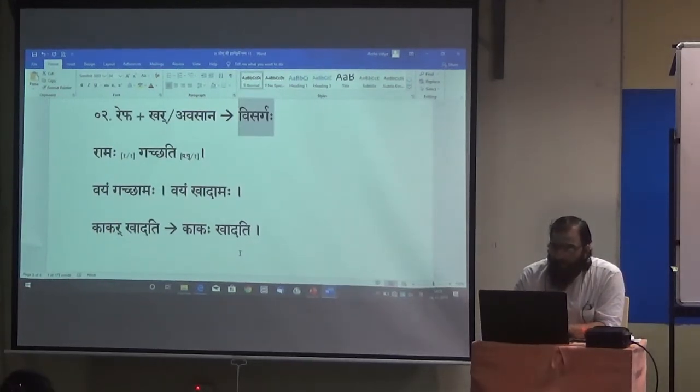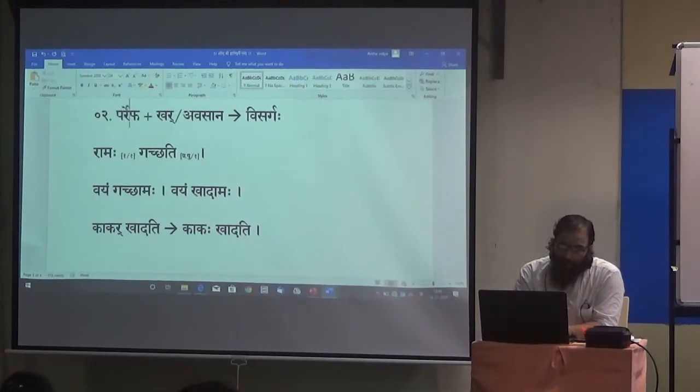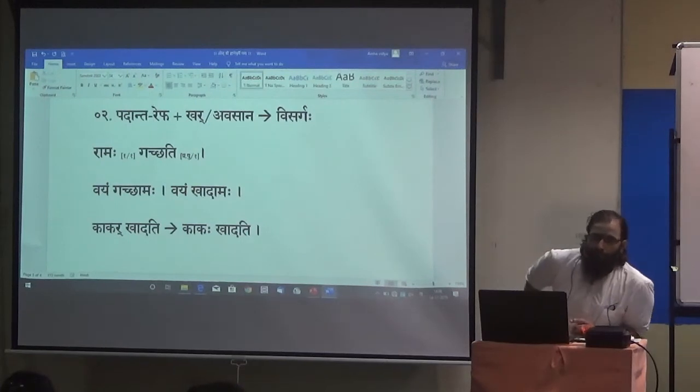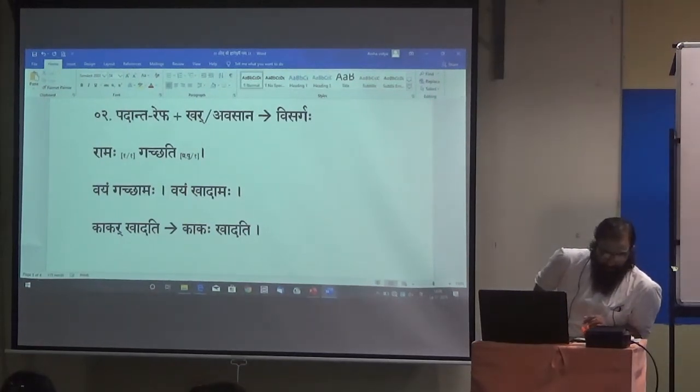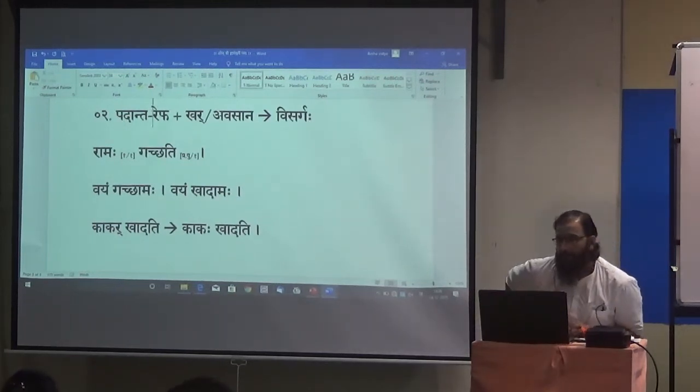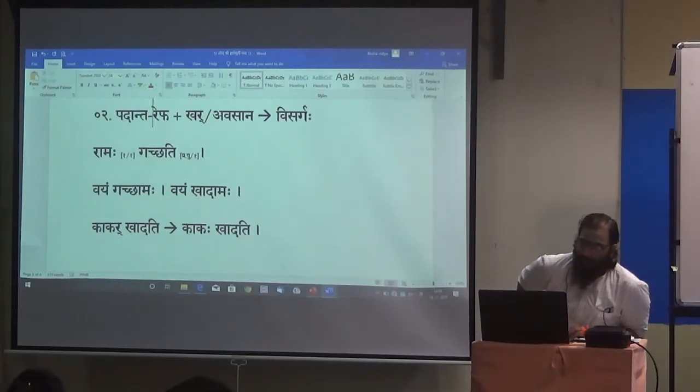Clear? Padanta Repa. What is Repa here? Because we are talking only about Padanta, Repa is born because of Padanta Sakara. So can you repeat: Repa when followed by a kar letter or Avasana, a pause, becomes Visarga.